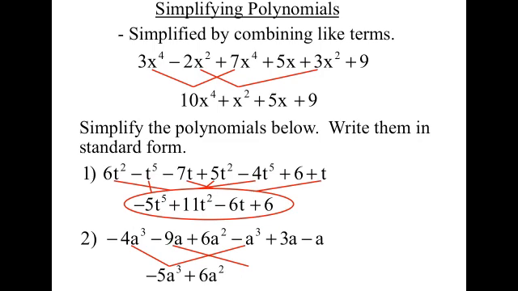Negative 9a plus 3a makes negative 6a. Oh, plus the 1a minus the 1a makes negative 7a. Okay, so don't forget about that 3rd one. It's not always one term that gets combined. And then I have 6. That's it. We're done.